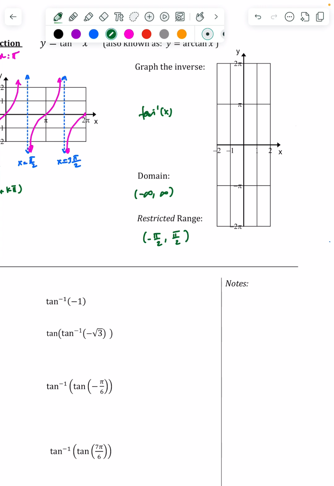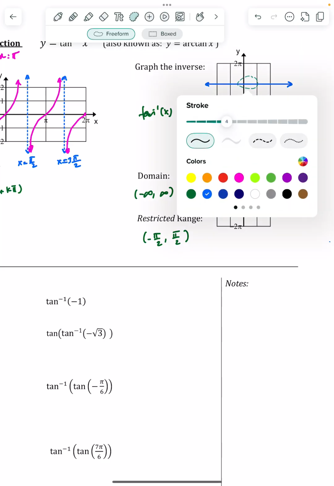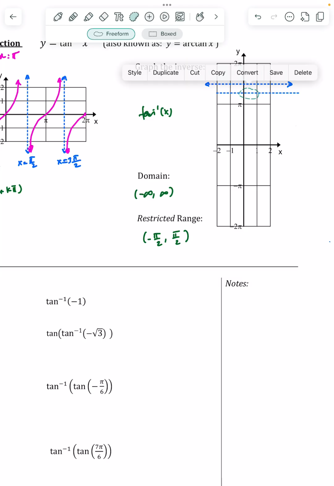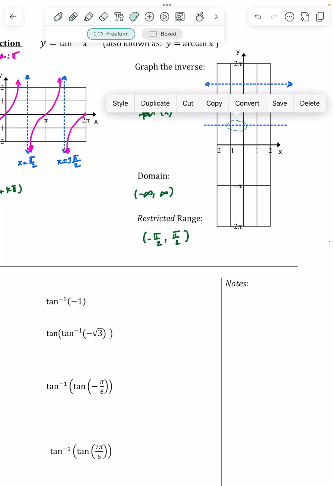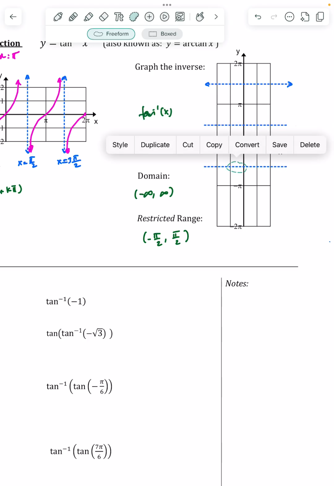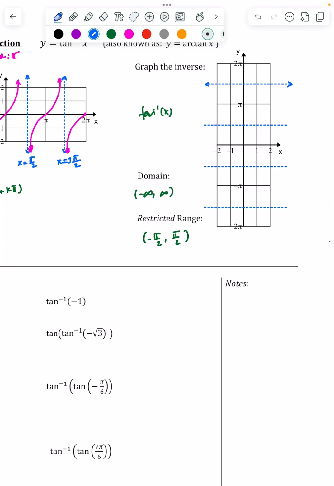Now, the graph is going to also look very similar here. So please practice graphing and graphing accurately. And also remember, up is positive, down is negative here, right?